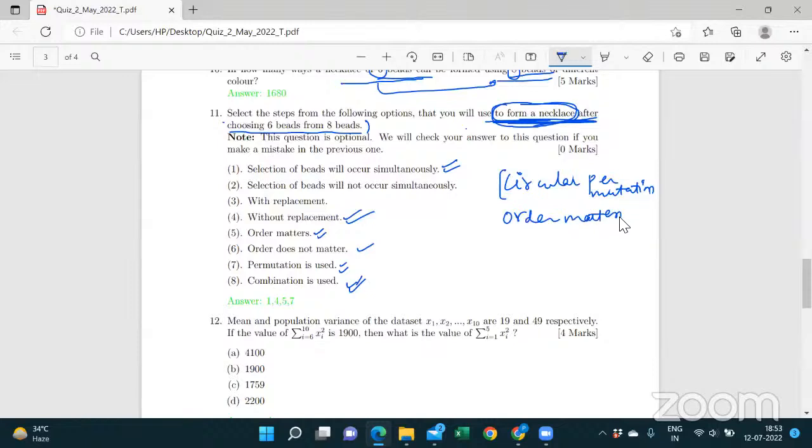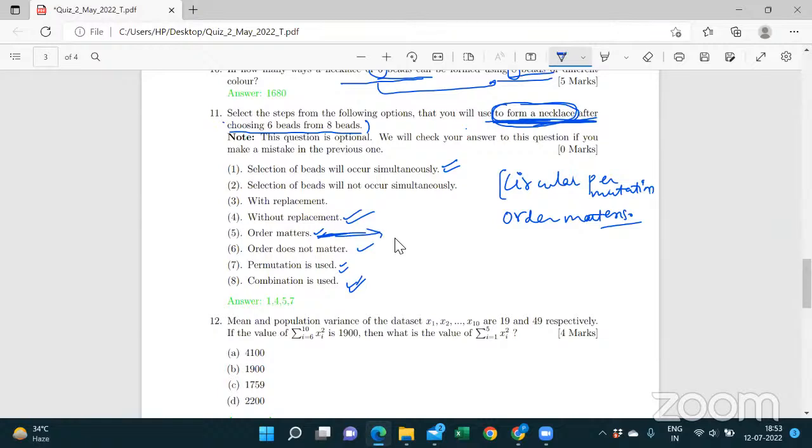But I'm asking why order matters here, because it's a circular necklace, in the form of a circle, so order doesn't matter in a circle. Wherever we see it, it will reflect the same. Anybody who said order matters, wants to explain?